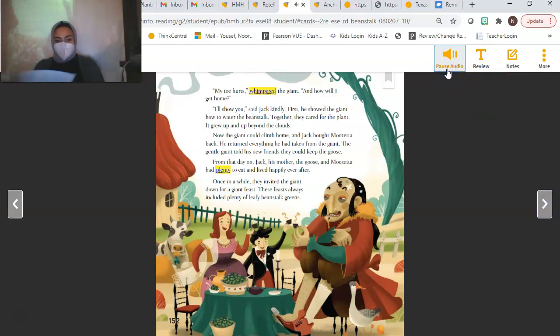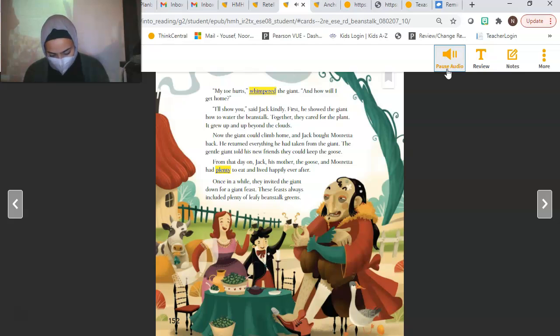My toe hurts, whimpered the giant. And how will I get home? I'll show you, said Jack kindly. First, he showed the giant how to water the beanstalk. Together, they cared for the plant. It grew up and up beyond the clouds. Now the giant could climb home, and Jack bought Musetta back. He returned everything he had taken from the giant.